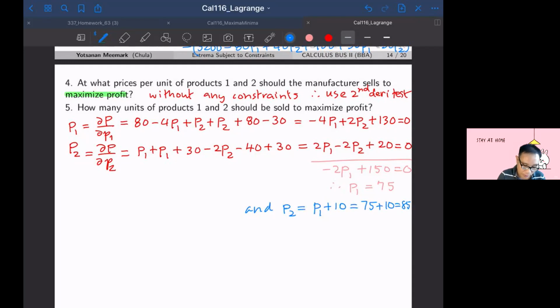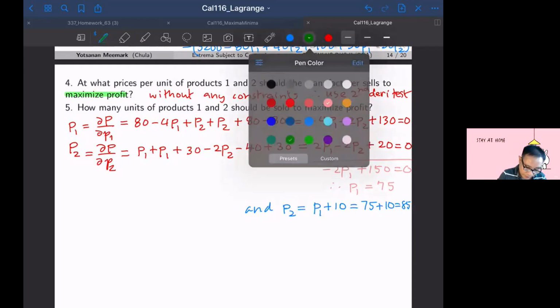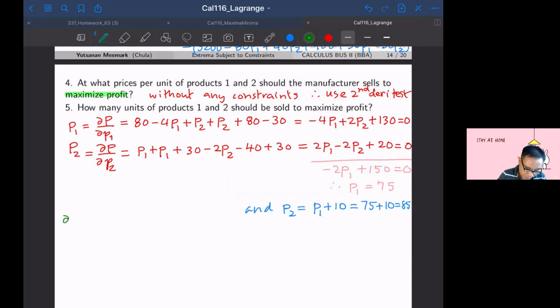I'm gonna do the second derivative. So I have p11, which is negative 4, p22 is gonna be negative 2, and p12 is gonna be 2.